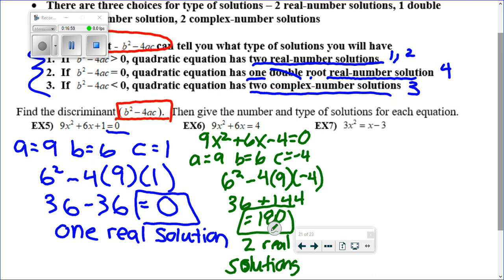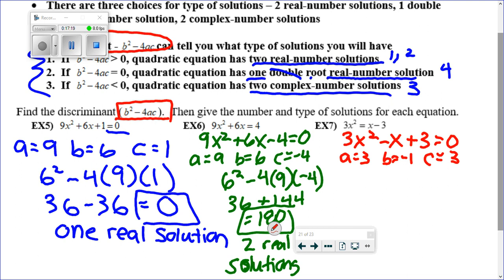So number 7, set it up in standard form first. So 3x squared minus x plus 3 equals 0. And our A is 3, B is negative 1, our C is 3.